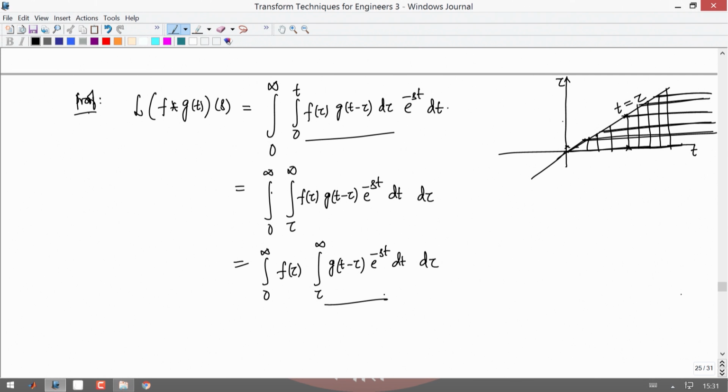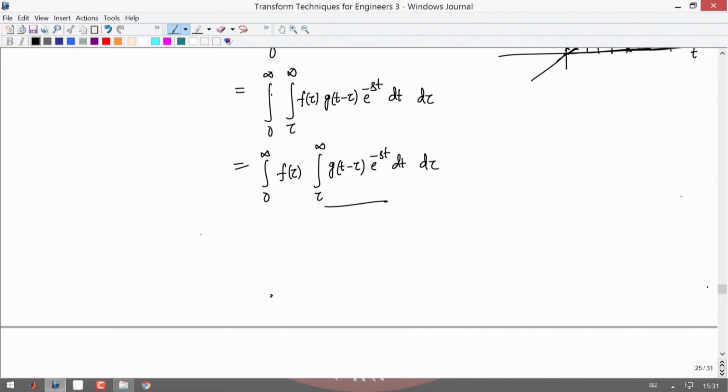So, this integral you can evaluate by putting t minus tau as a new variable x, so that dt is equal to dx, because tau is fixed. So, tau is constant. So, you have 0 to infinity f of tau, and this inner integral: when you put t equal to tau, x is 0.